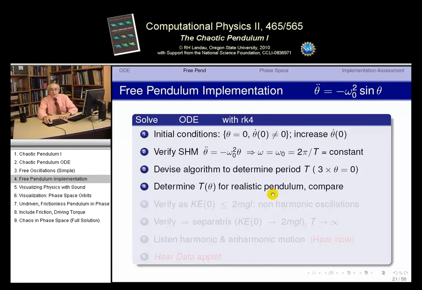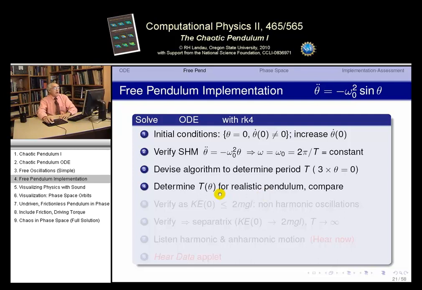And then compare it. Compare it to what? Compare it to simple harmonic motion. You should find, think about the physics: if you make the amplitude larger and larger, then the restoring force is not quite as great as theta. Sine theta is less than theta, which means the period should increase as the amplitude increases.